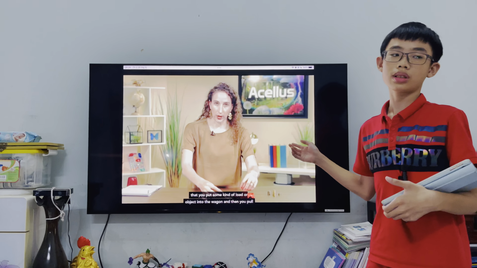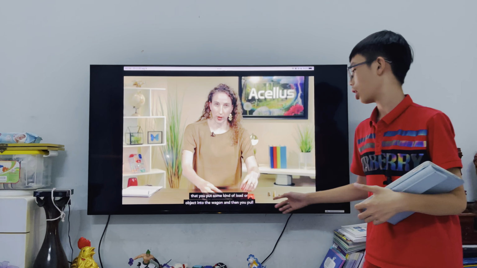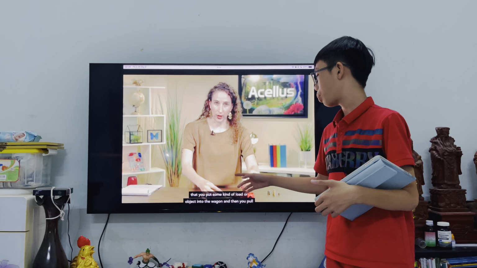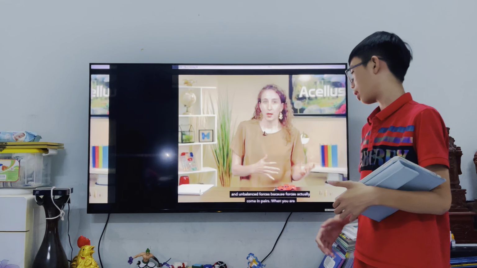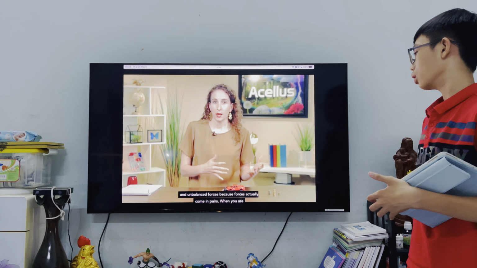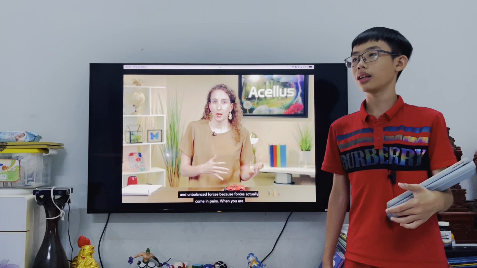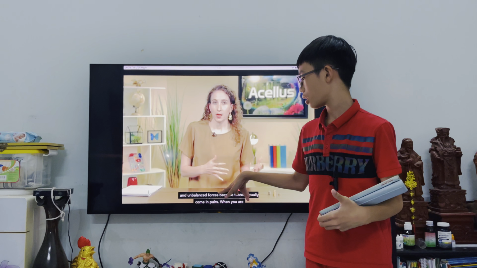And this will simulate the wagon, and I will put some load of objects on the wagon, and I will pull. When you pull two sides, like this is the wagon.